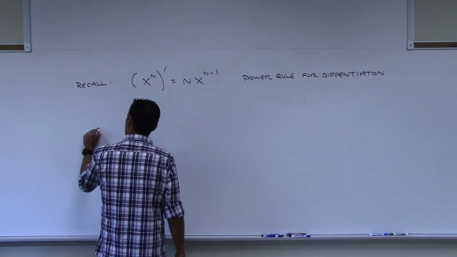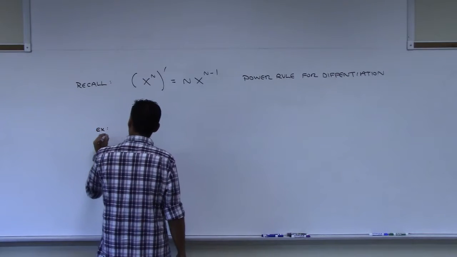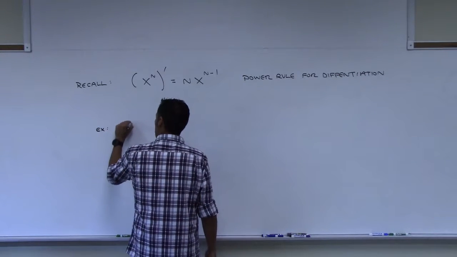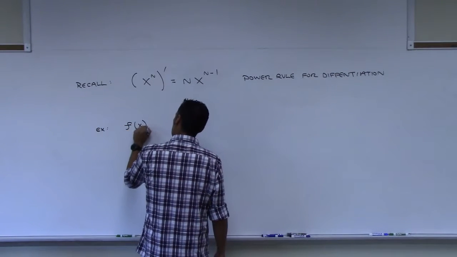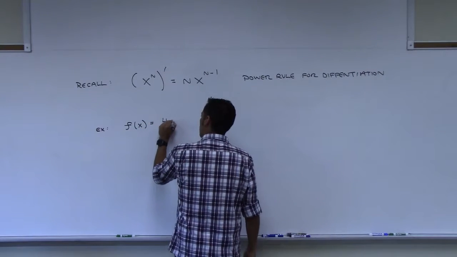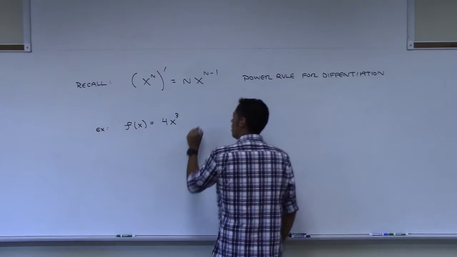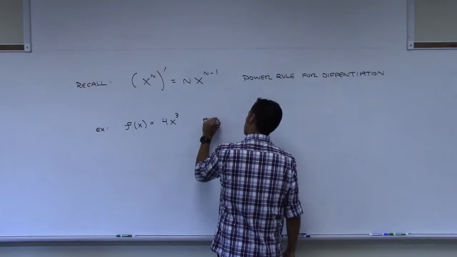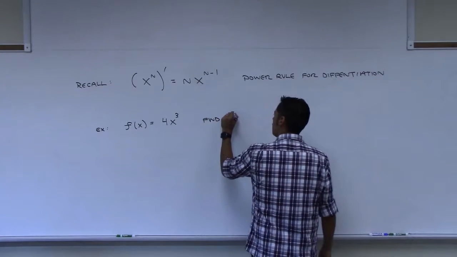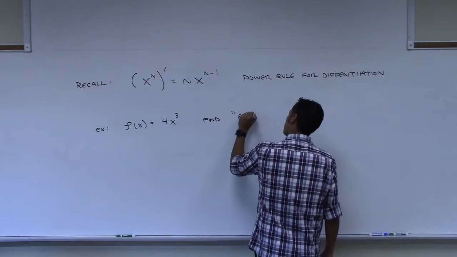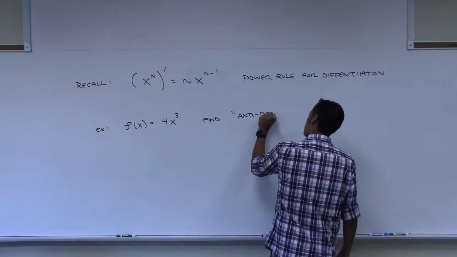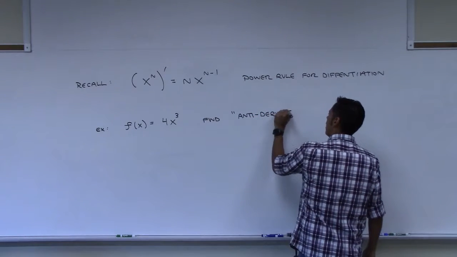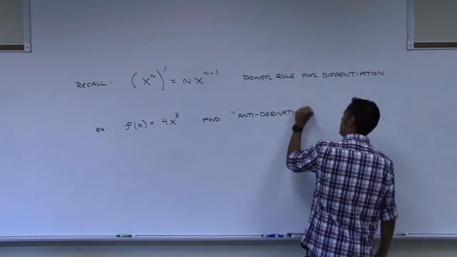So let's start here with an example. Let's say we have a function, and let's say it's 4x cubed. Find what is called the antiderivative. Now I have not told you what that means, antiderivative.